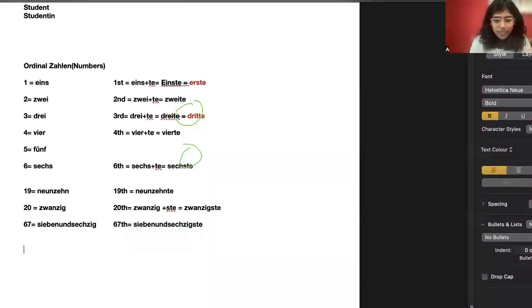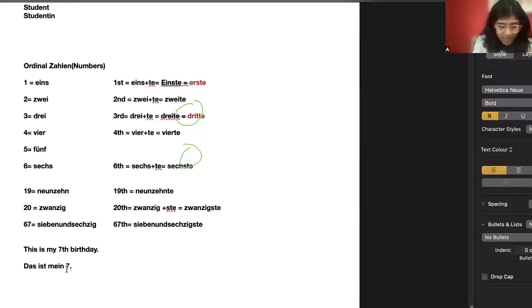Now in German, you can write them. For example, if you want to say, this is my seventh birthday. This means das ist mein siebenter Geburtstag. You can write siebenter, or you can also write 7 and a dot.